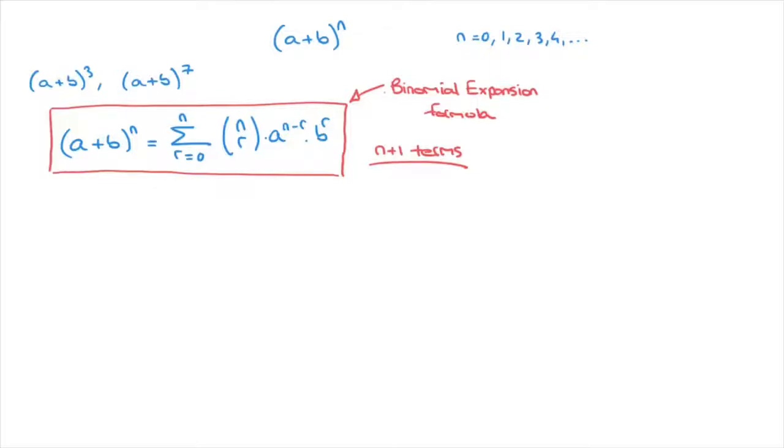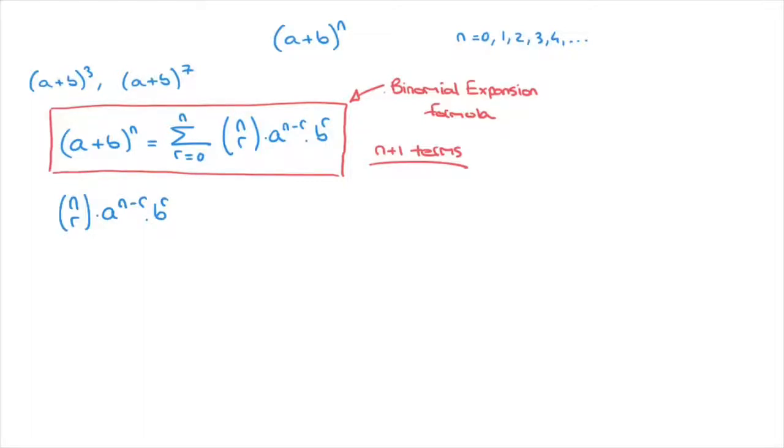Or if we had to write all the terms in the expansion of (a + b)^7, there would be 8 terms. And each of those terms is found using the expression just to the right of the summation symbol. That's the product of the binomial coefficient nCr with a^(n-r) and b^r.